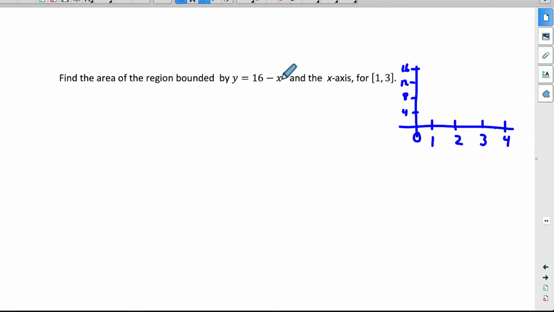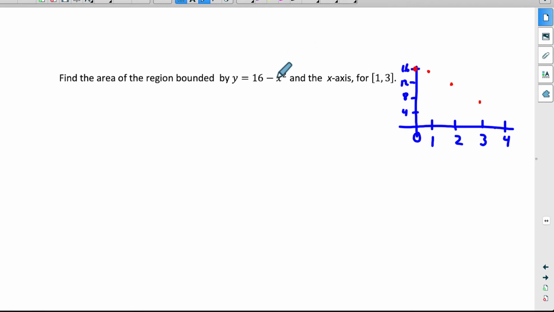So if you put 0 in here, 0 squared is 0, 16 minus 0 is 16. If you put 1 in here, 1 squared is 1, 16 minus 1 is 15, so you're almost right at the same spot. If you put 2 in here, 2 squared is 4, 16 minus 4 is 12, so you're about here. Put 3 in here, 3 squared is 9, 16 minus 9 is 7, so about there.